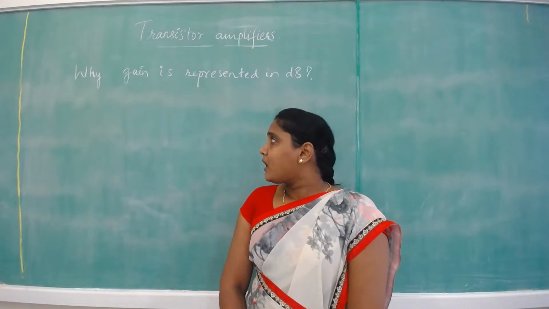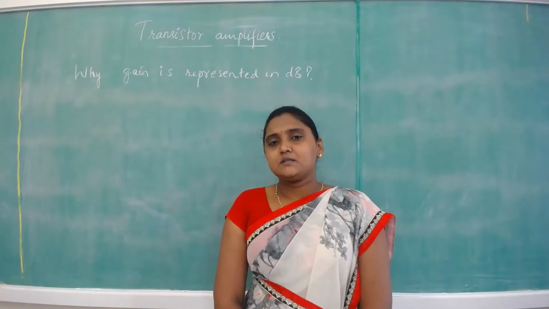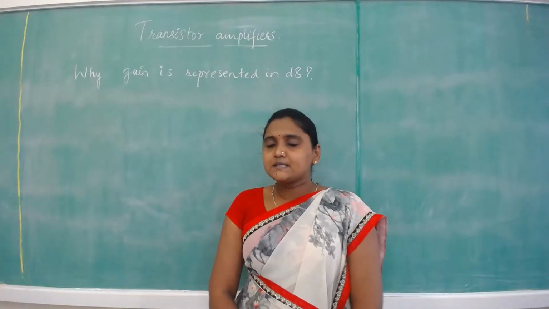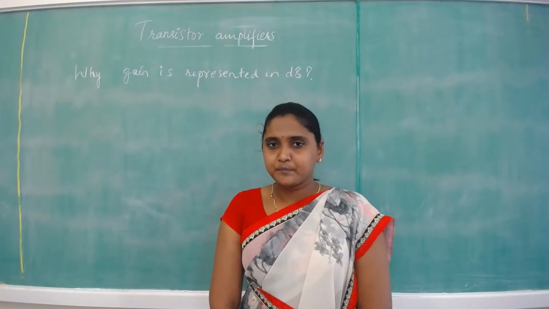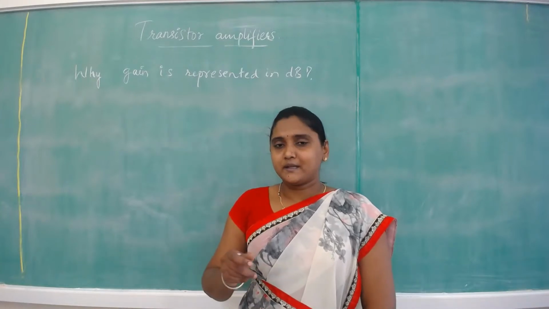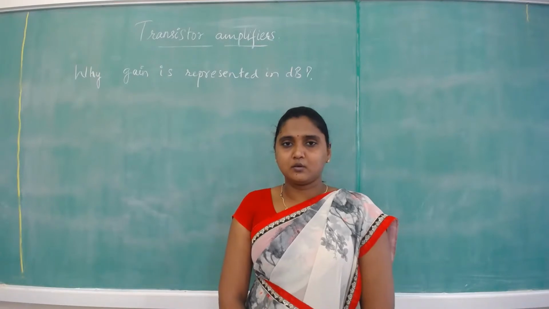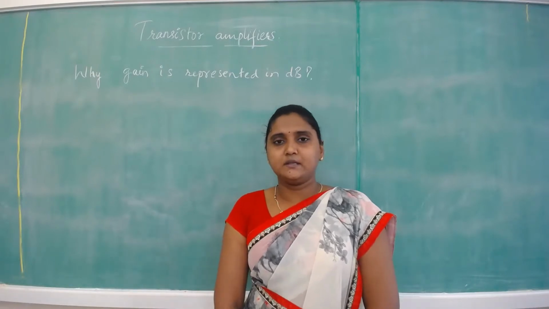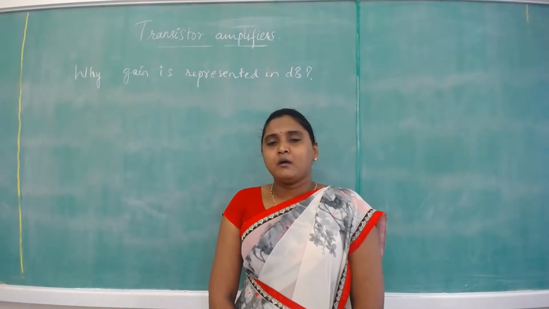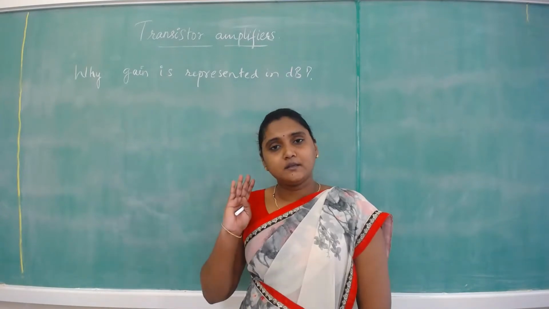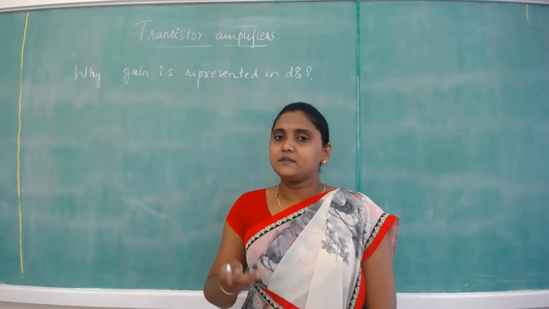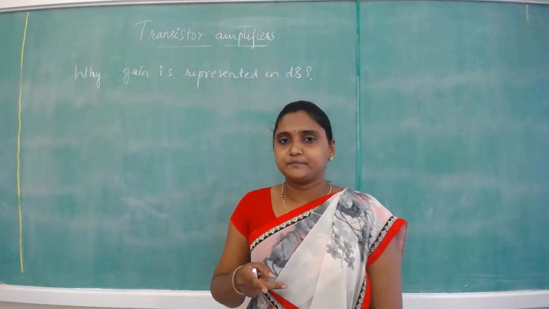So how it works: when we increase the loudspeaker sound by 100 times, practically by rotating the knob, or just by increasing the number by 100 times, then the human ear perceives the sound to be doubled.